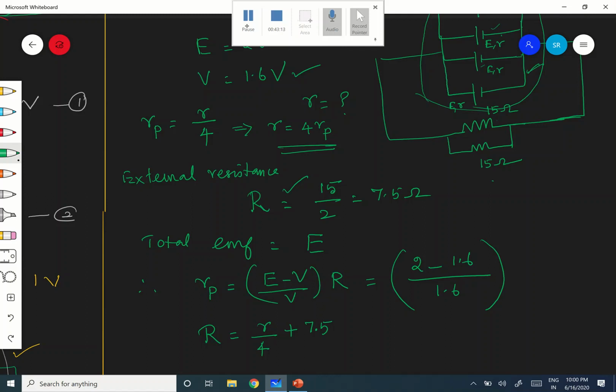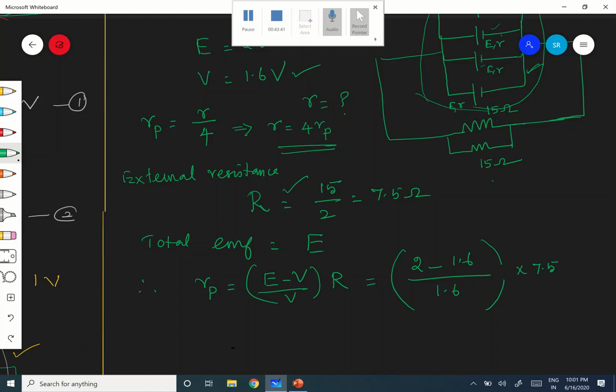Rp is equal to E minus V by V into R. Therefore, you will be getting this, which is not required, this you already know. That is nothing but into R, which is 7.5.